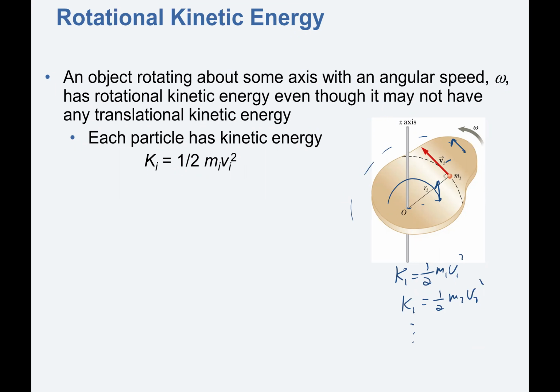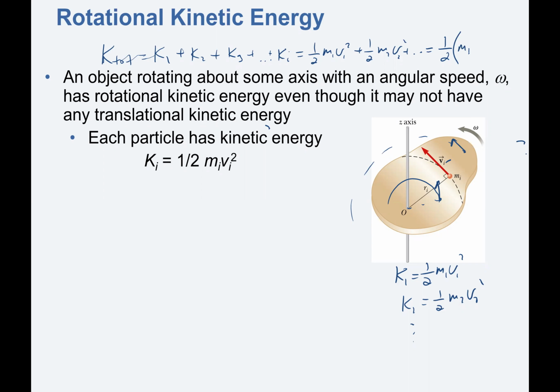So if you're calculating total kinetic energy, it's K1 plus K2 plus K3 plus K_i. That is 1/2 m1 v1 squared plus 1/2 m2 v2 squared, and they all have the same 1/2, so you can factor out the 1/2.